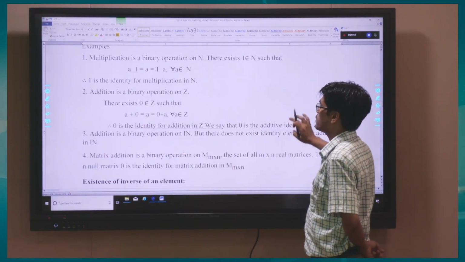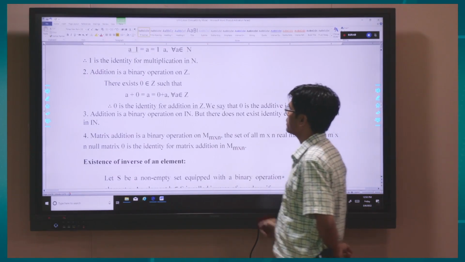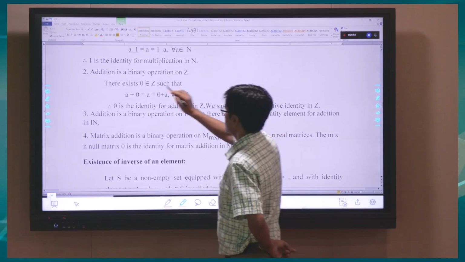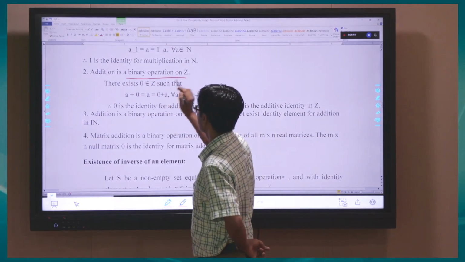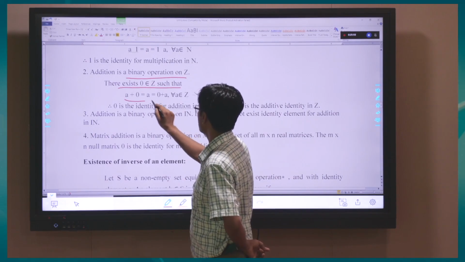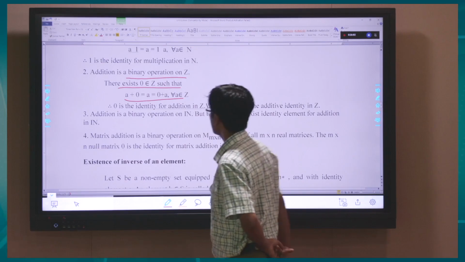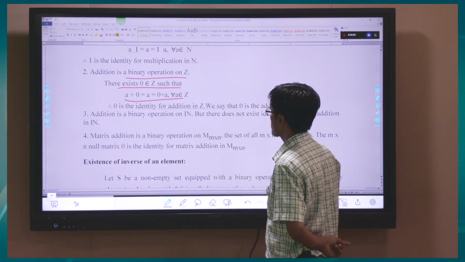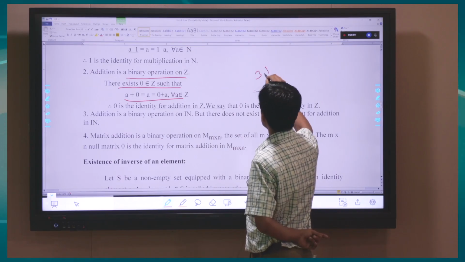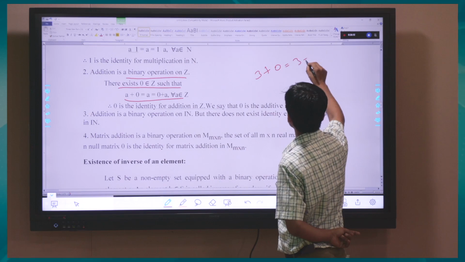Similarly, we consider another example. Here you see addition is a binary operation on Z. So there exists 0 belongs to Z such that A plus 0 is equal to A, is equal to 0 plus A, for all A belongs to Z. Here 3 plus 0 is equal to 3 is equal to 0 plus 3.